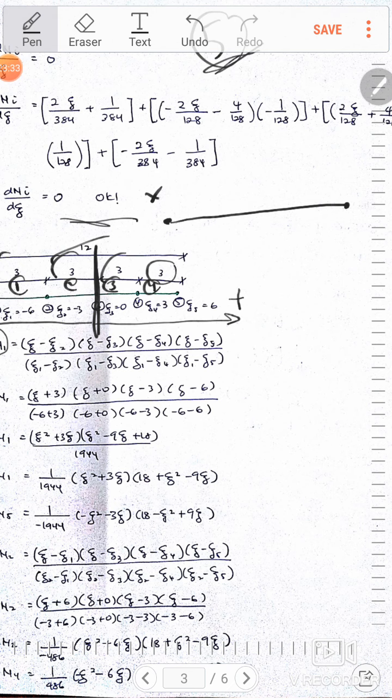This is x1 and x2. This one I will call element number 1 because I draw one line from x1 to x2. So x1 is node number 1 and x2 is node number 2.